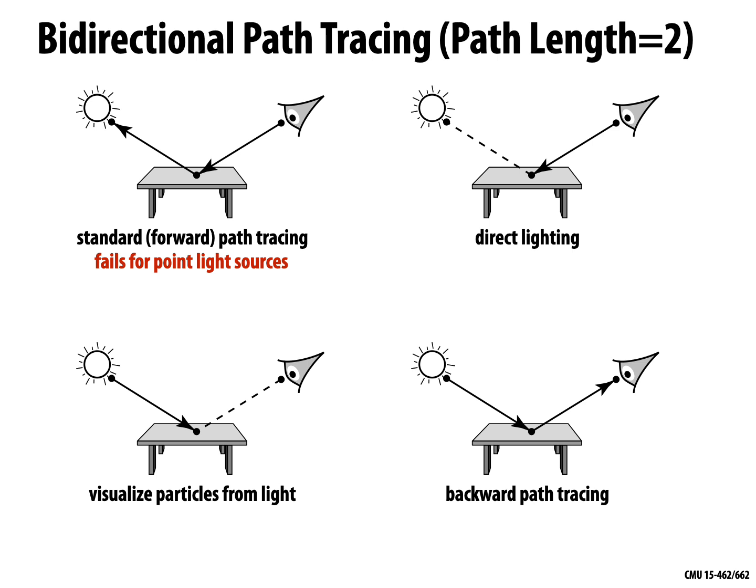There's just no chance this bounce actually bounces into a point light source. Likewise, if I do this backward path tracing, it's going to fail completely for a pinhole camera. There's just no way that I bounce off the table and perfectly bounce through the pinhole. Okay? So not only different path lengths, but actually different combinations of eye subpath and light subpath lengths are going to contribute different features, or they're going to handle different phenomena.